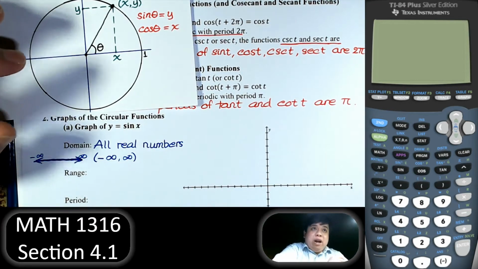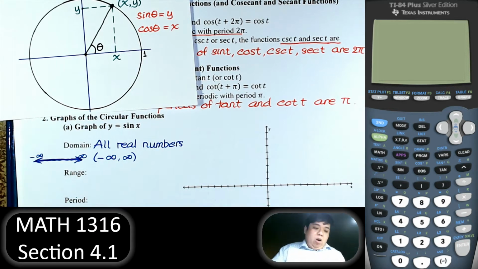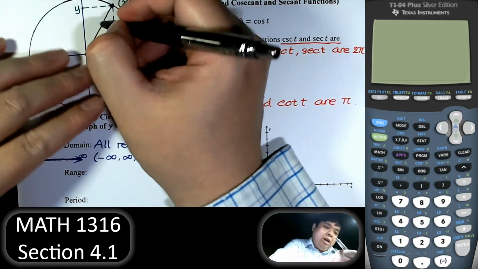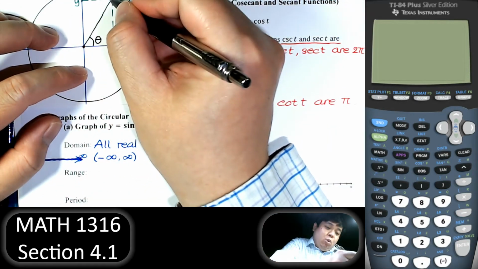So that is the domain, all the possible values for x, or all the possible values for the angle. All real numbers. Now the range. The range is actually the trigonometric function values for that particular angle. In the unit circle, sine is equal to the y values.